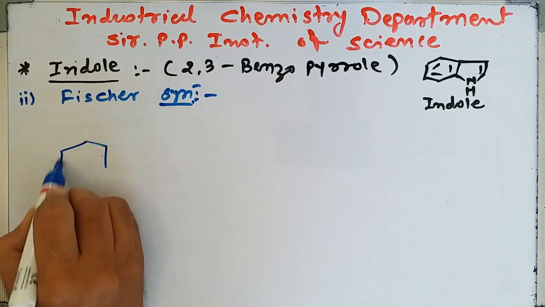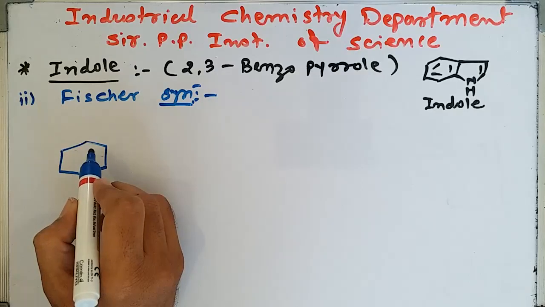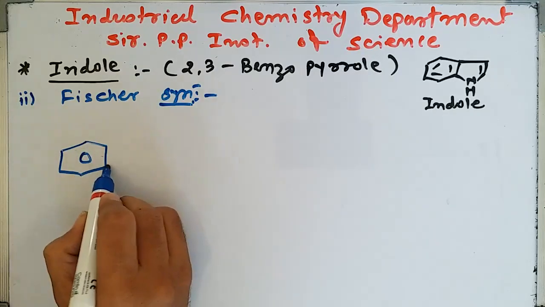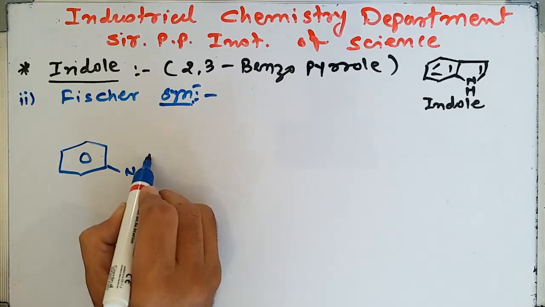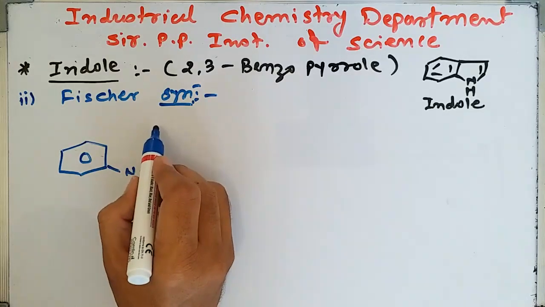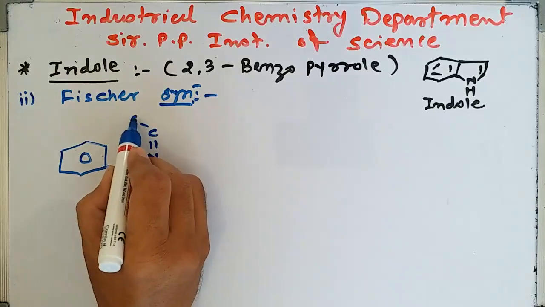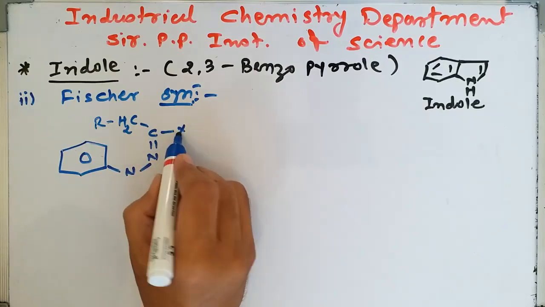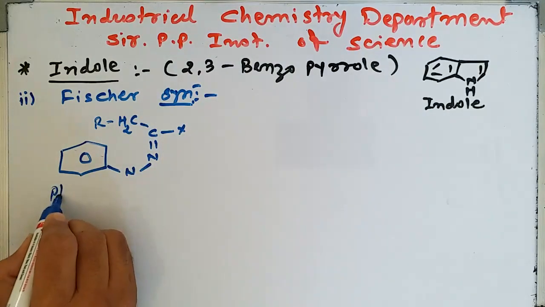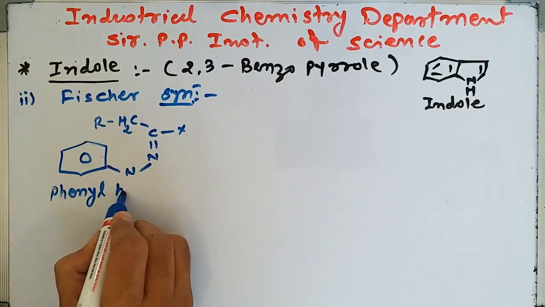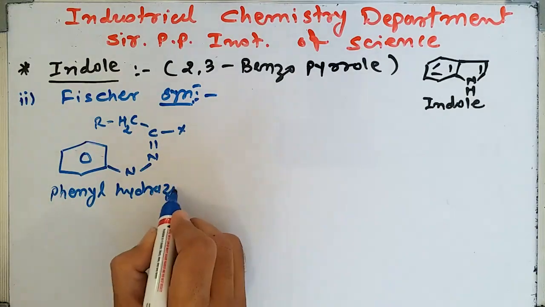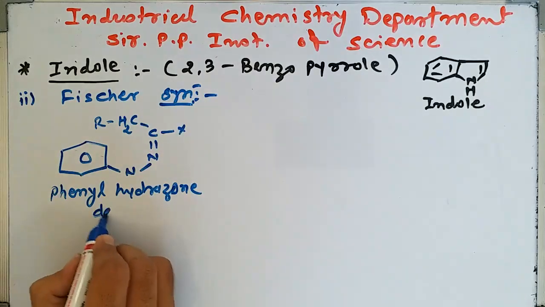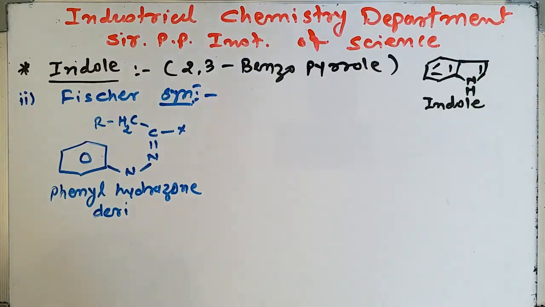First of all, I write down the phenylhydrazone derivative. This is a phenylhydrazine derivative of different types, like aldehyde, ketone or keto acids.